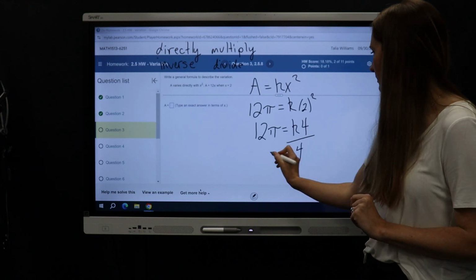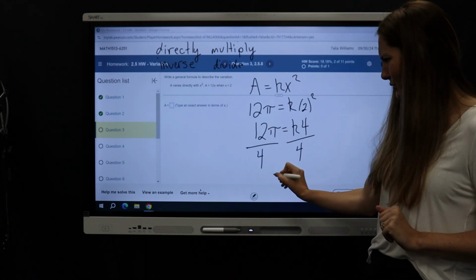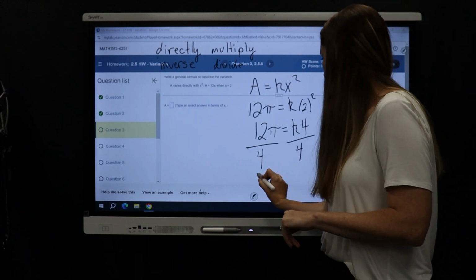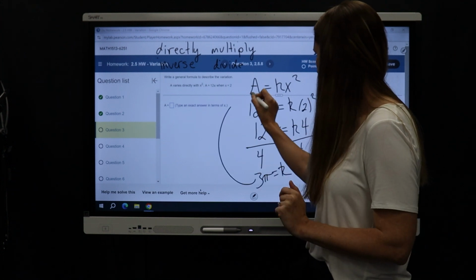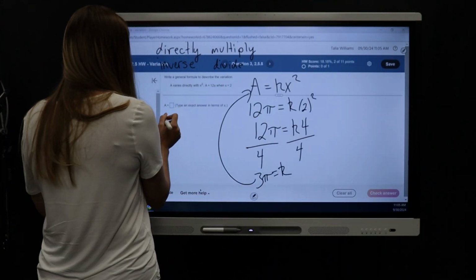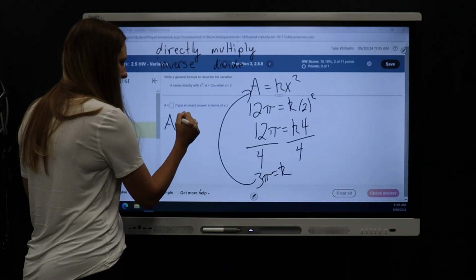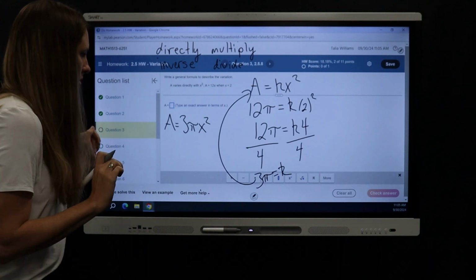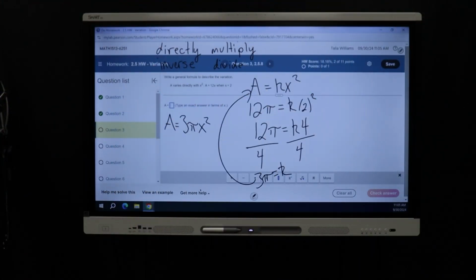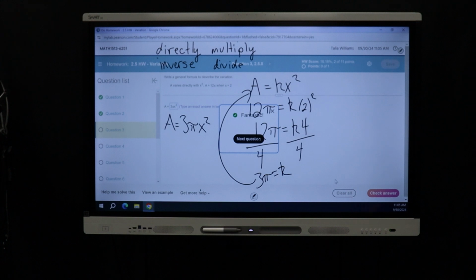Solve for k, so we divide by our 4. 12 divided by 4 is 3. So we have 3 pi equals k. Take this, put it back in here. So A equals 3 pi x squared. Three pi, x raised to the second power. Okay.